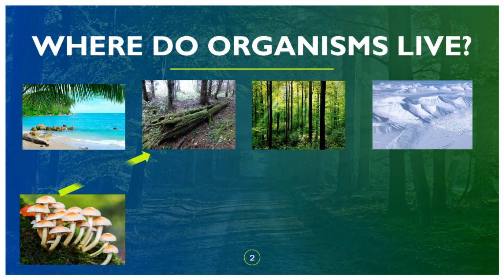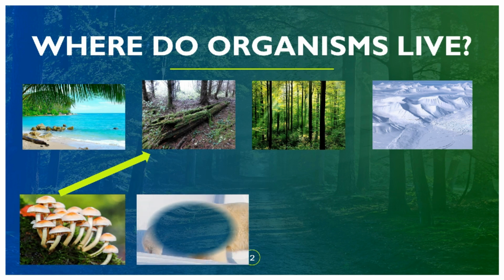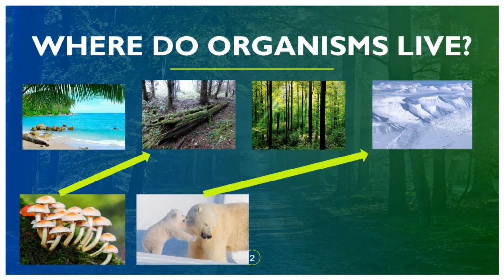That's right, it's the rotten log. Most mushrooms grow from the rotten log. Next organism is the polar bear. Where do you think polar bears live? That's right, it's the Arctic.